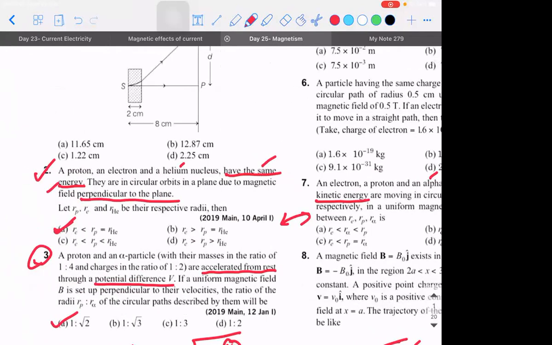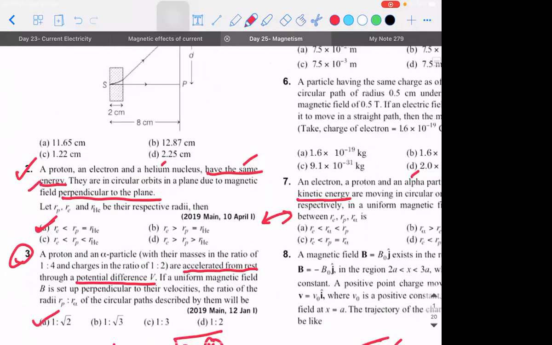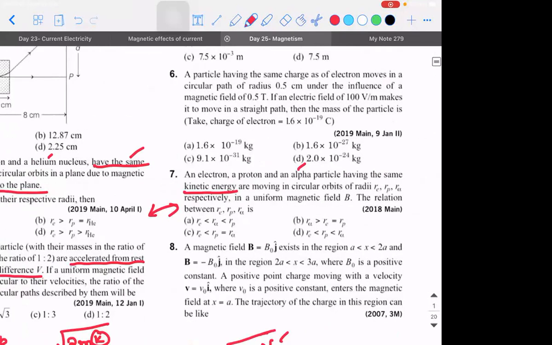Let me check what is the answer for this one, the 7th one. I thought the 5th is also similar, that is why I didn't do it. You guys can read the question, and if you feel it is difficult, you can try it out. The 7th one is like how we solved, so our answer for the second one is right.